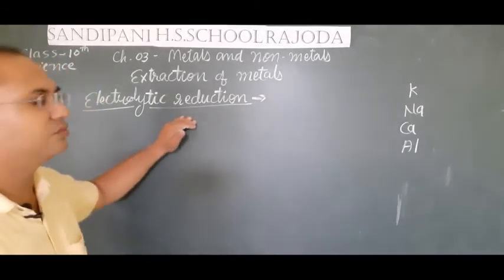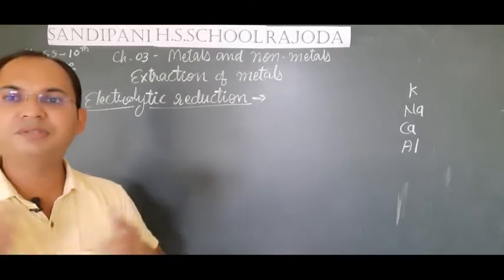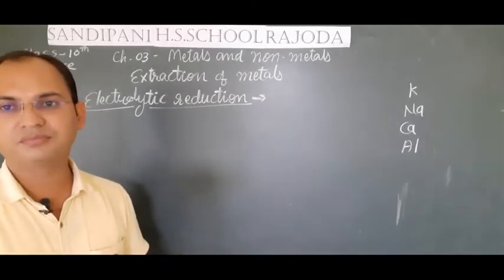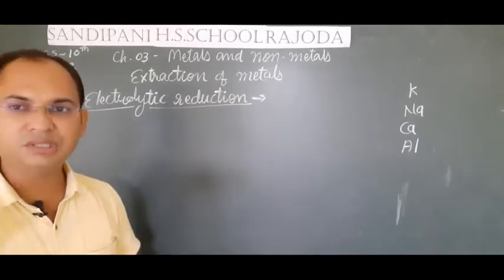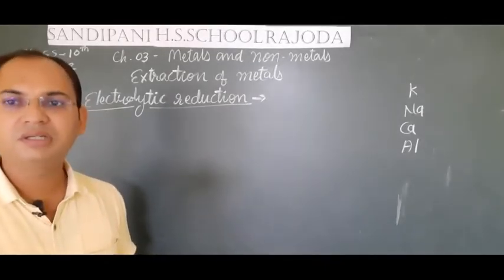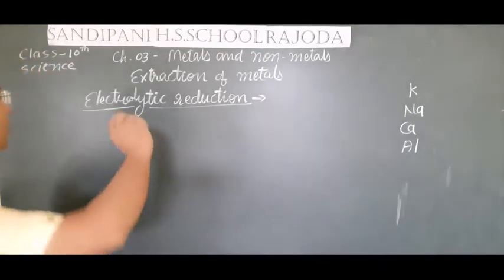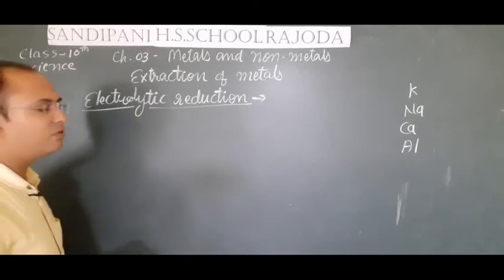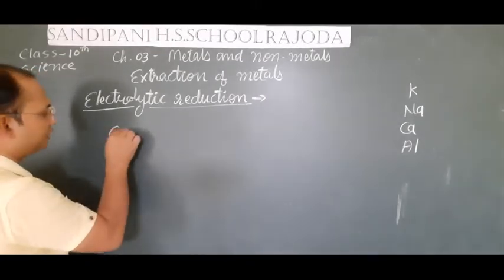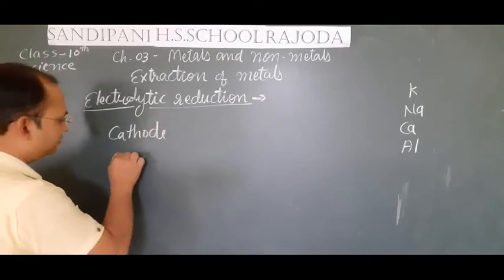In this method, students, their chloride ore in the molten form is taken, and electricity is passed through the molten chloride ore of these metals. Then two electrodes are inserted in the molten ore. One is the cathode and another is the anode.